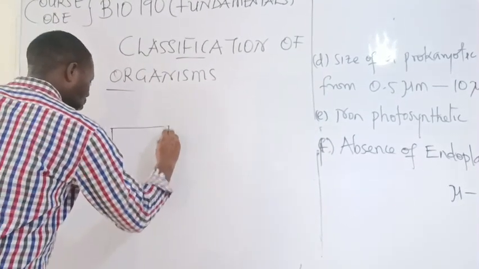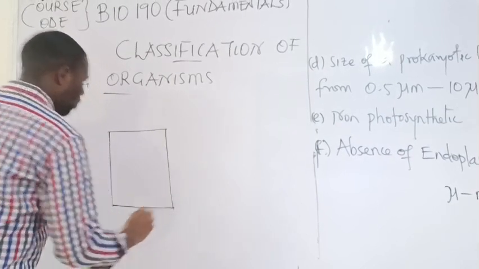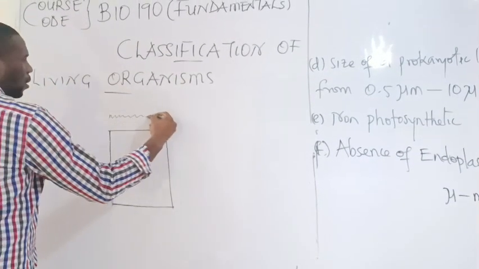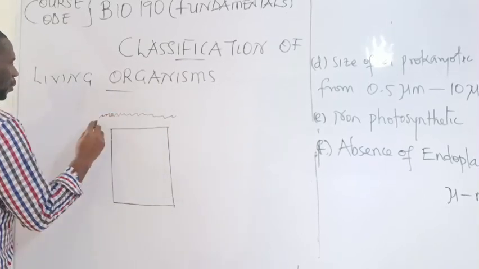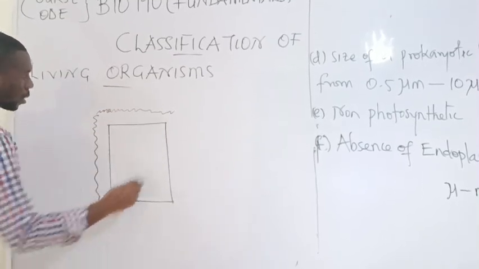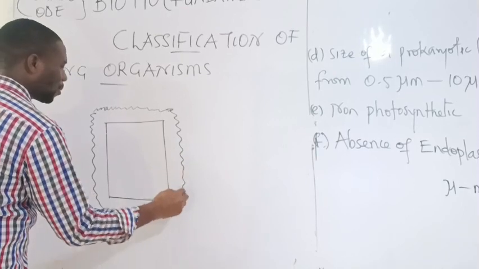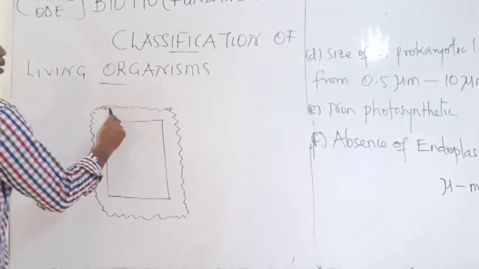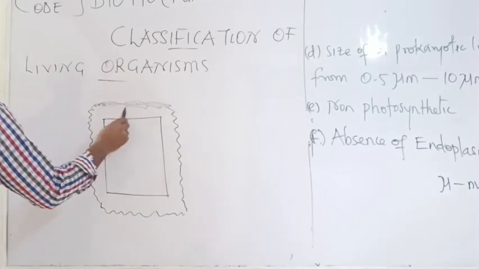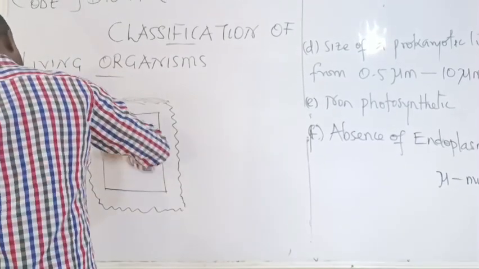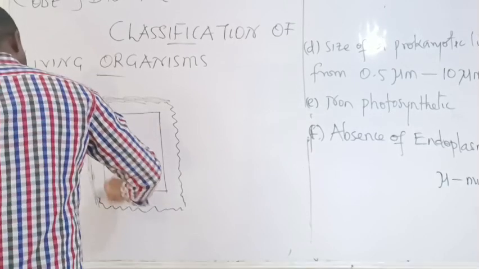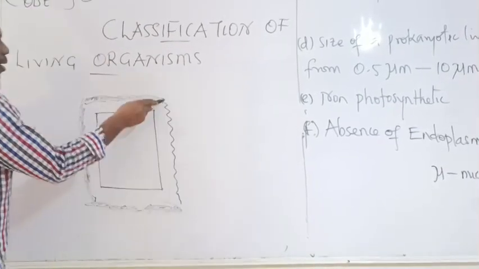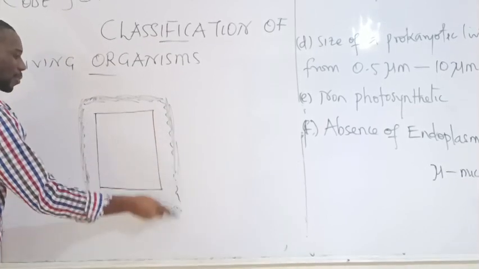So this is not drawn to scale, so you may want to take note of that. I'm drawing a typical prokaryotic living organism. I'm drawing a typical cyanobacterium, the typical bacteria.